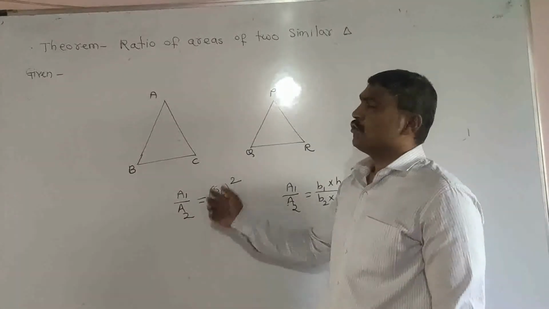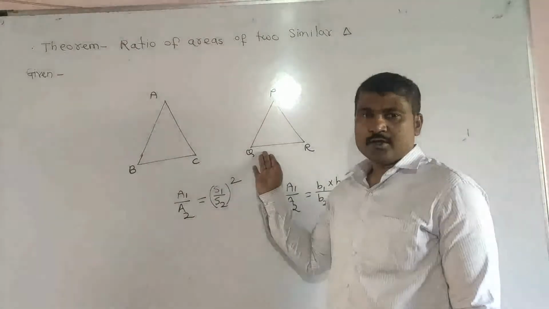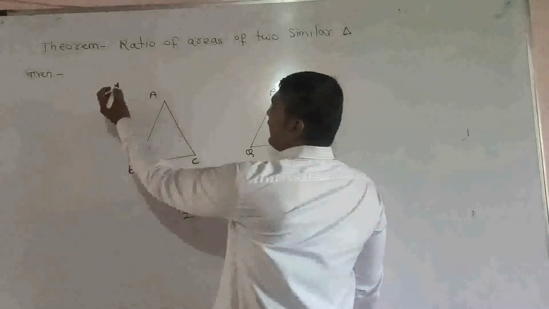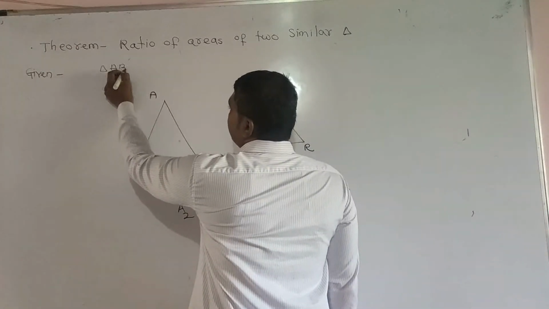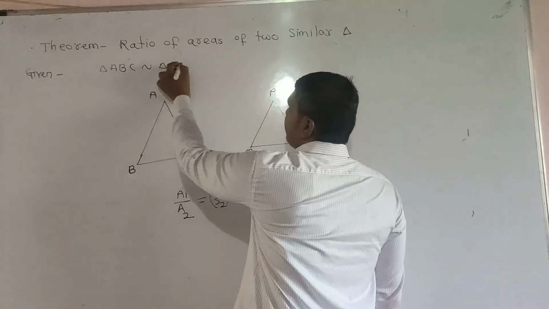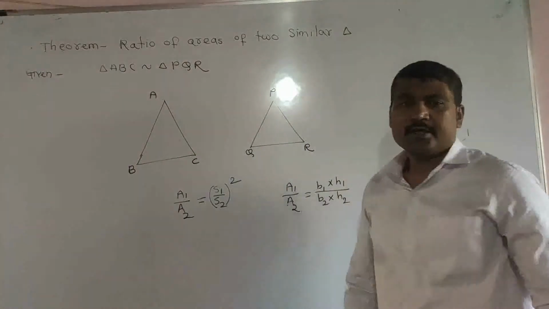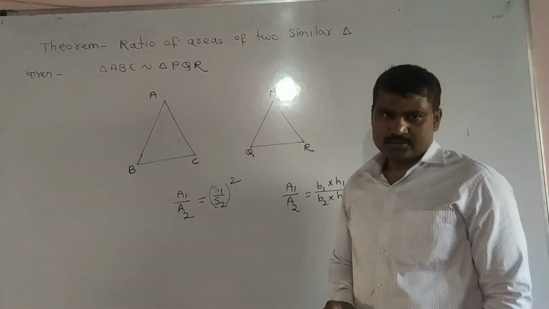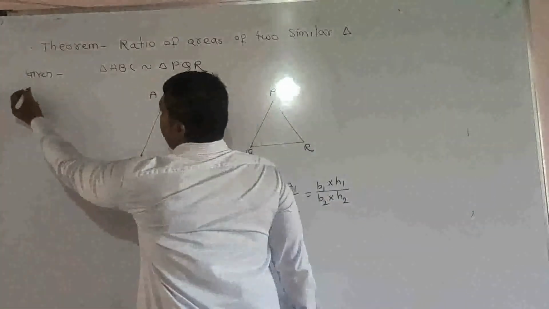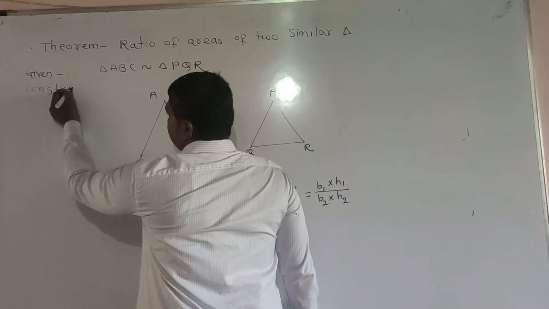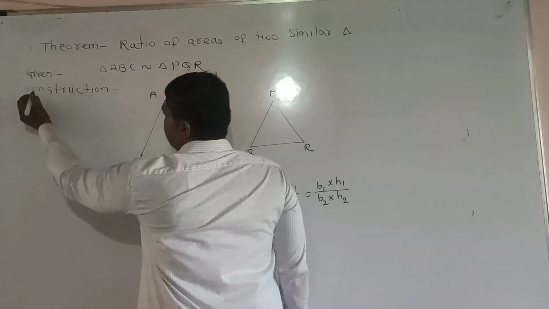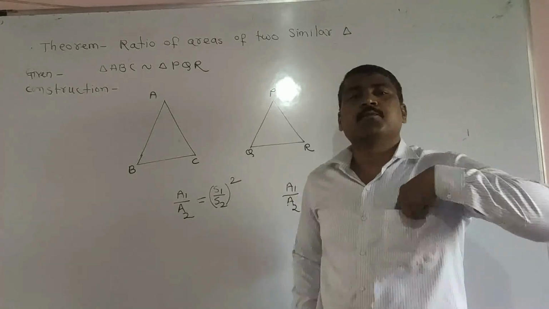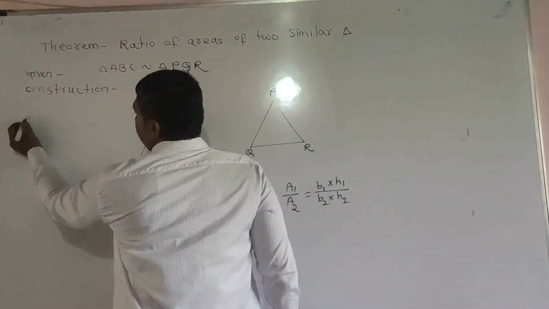Okay, so obviously to prove this theorem we need to draw the figure. Just I am writing now what is given here. Two triangles are similar. So in given I am writing triangle ABC similar to triangle PQR. Okay, in any theorem or any numerical we construct something, right? So here we can write after construction, and after the construction I will write the proof.